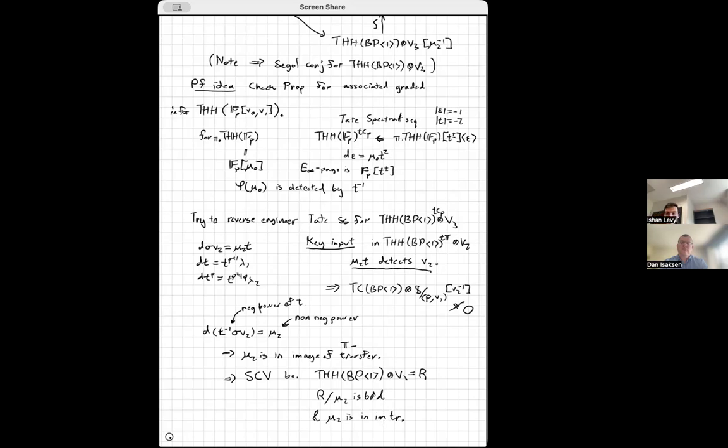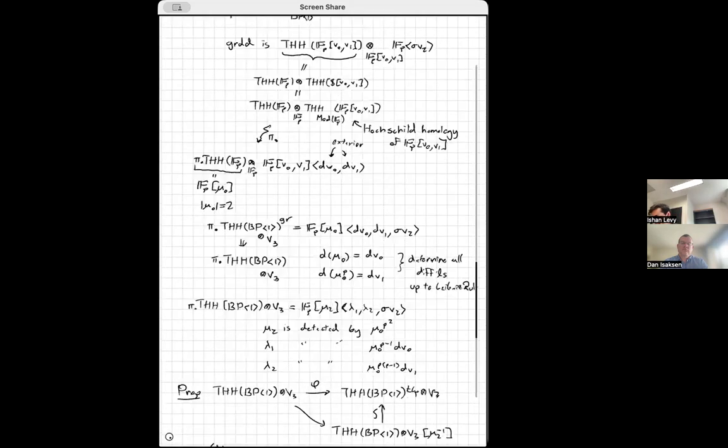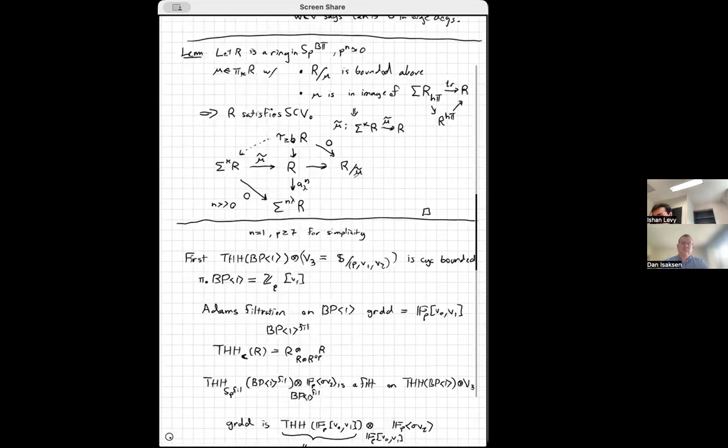And we saw before that those two properties imply that you have strong canonical vanishing. That was this lemma over here: if you have R mod mu bounded and something in the image of the transfer, then you get strong canonical vanishing.